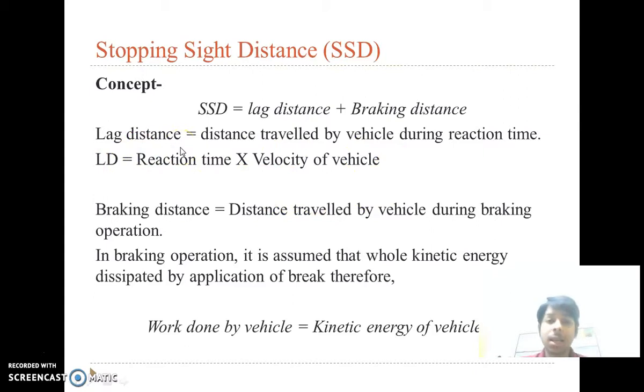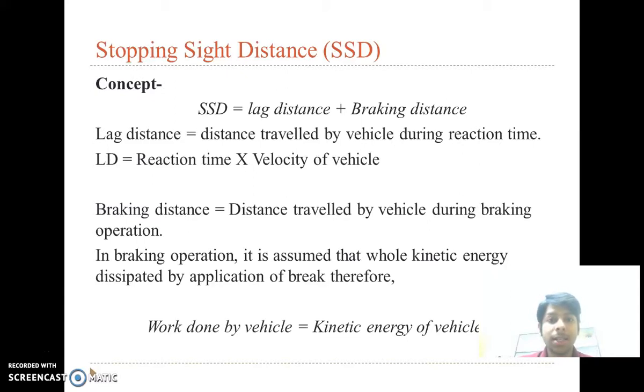Now what is the braking distance? How do we calculate it? In this part we are assuming that the kinetic energy of the vehicle is going to convert into the work done to stop the vehicle. This is just our assumption. In actual practice, the kinetic energy is converted into the work done by the friction force to stop the vehicle, and some heat evolves and some sound occurs.